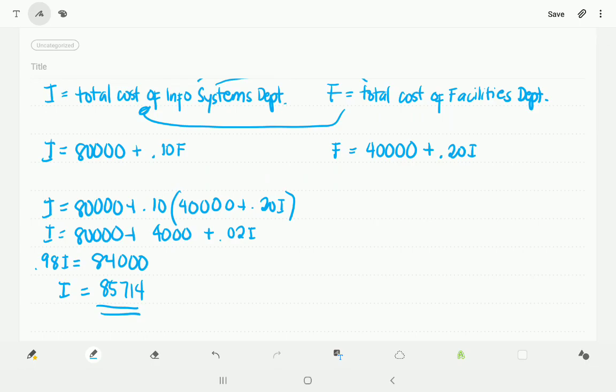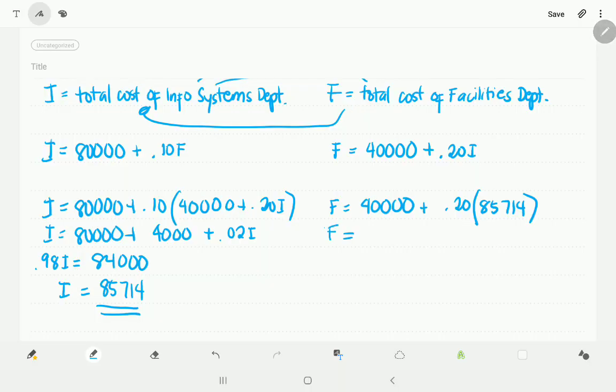Now, since we have already computed the total cost of the Information Systems Department, it will be easier for us to compute the total cost of the Facilities Department. We have F equal to 40,000 plus 0.2 times 85,714.